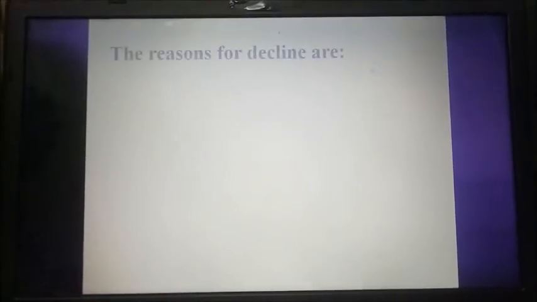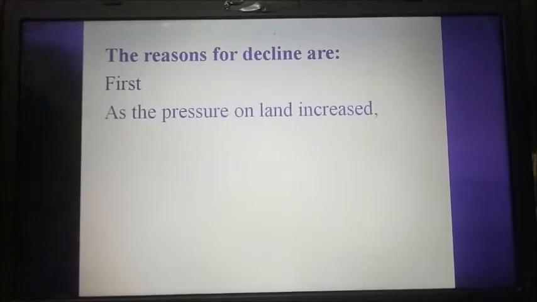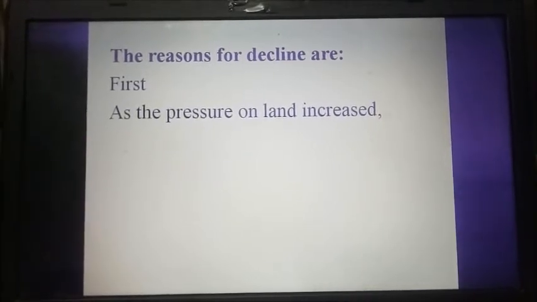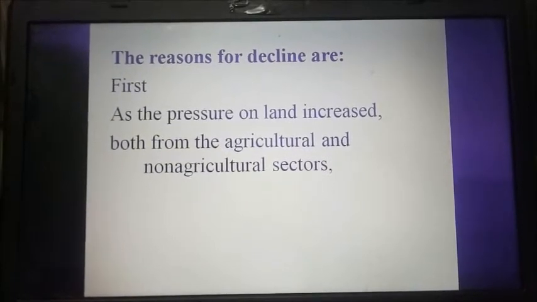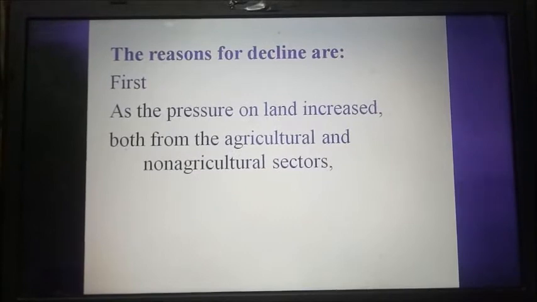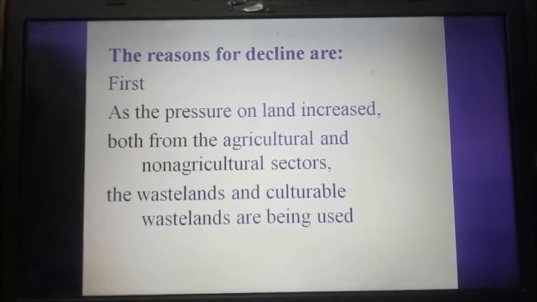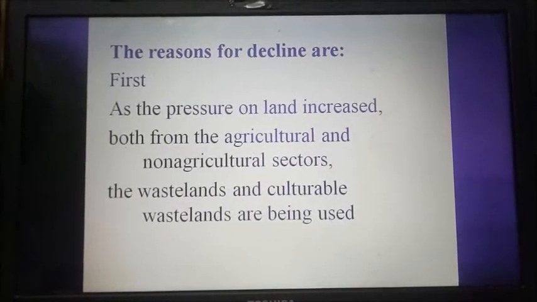What are the reasons for this decline? First, the pressure on the land has increased. Why? Because of the increase in population, both in agricultural and non-agricultural sectors. The wastelands and the cultivable wastelands are being used.